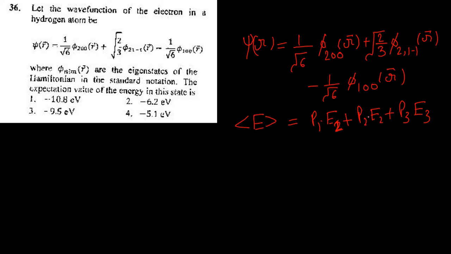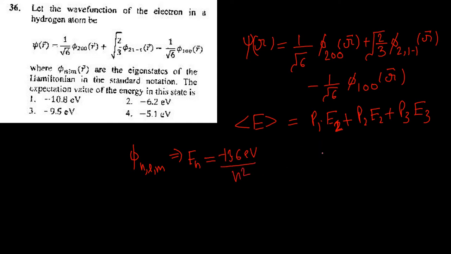P1 is the probability in this wave function, P2 in this wave function, and P3 in this wave function. I have written E2 because the energy depends on n, and you will find n from the fact that psi is in the form of psi n l m. So here you will find n, and the nth energy En is equal to minus 13.6 electron volt upon n square.